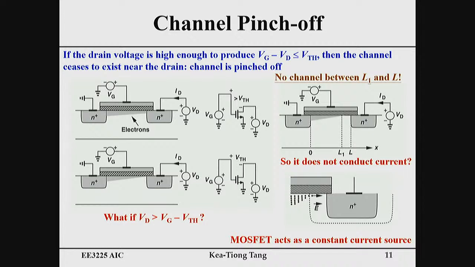So after pinch off, if we keep increasing the drain voltage, the channel will stay more or less like this, and the current will stay constant. That's why it's a constant current source. And don't worry, later we will talk about the effect of channel shrinking.